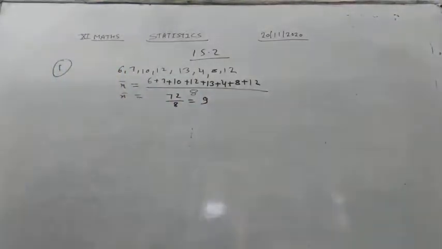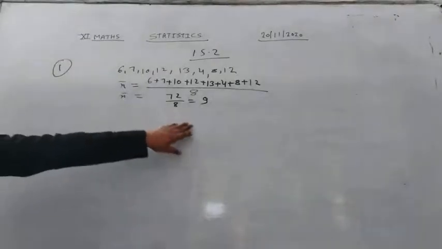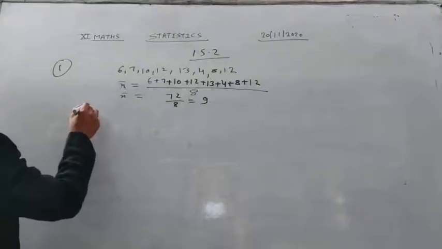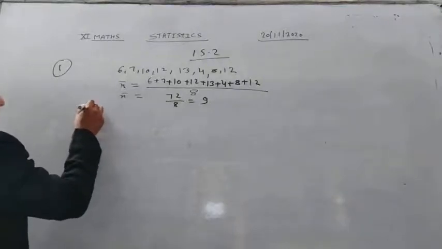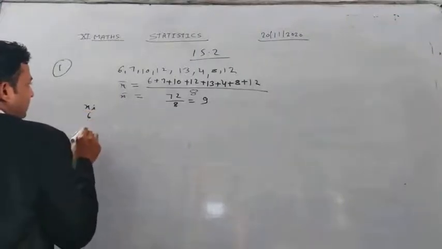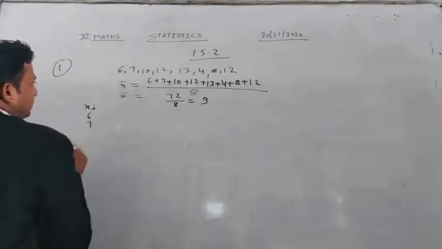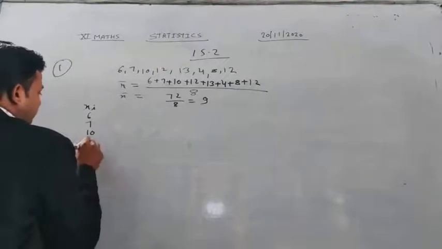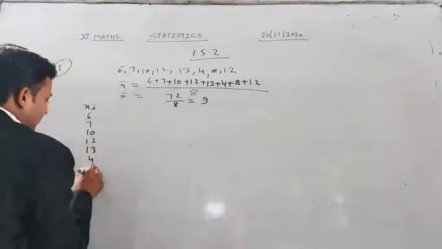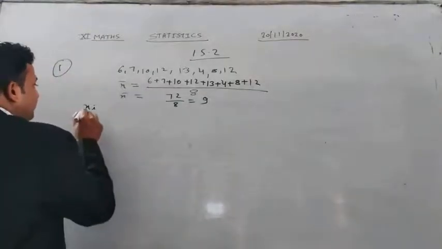So our x bar is 9. Now we make the table. Our xi is 6, 7, 10, 12, 13, 4, 8, 12.